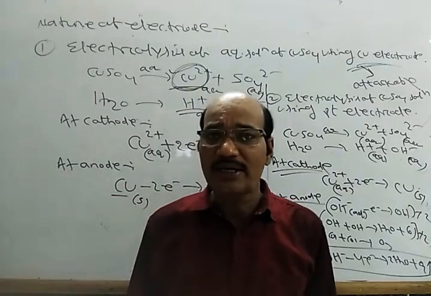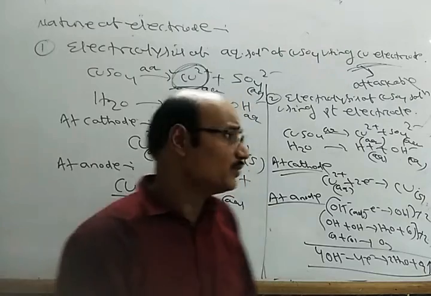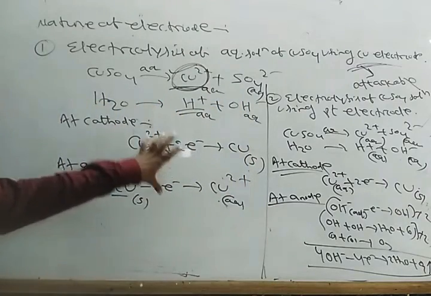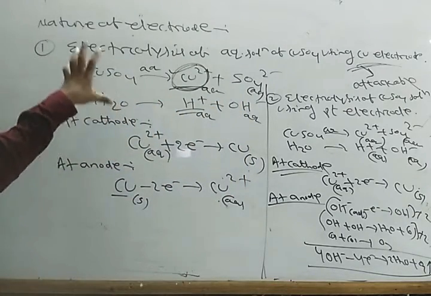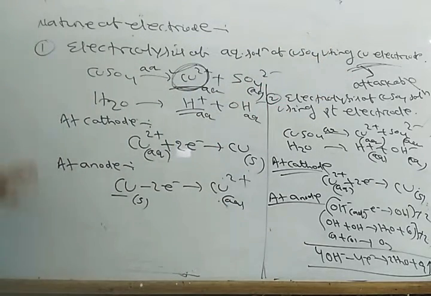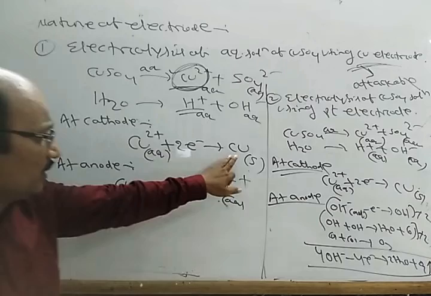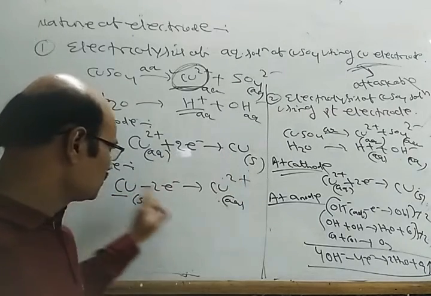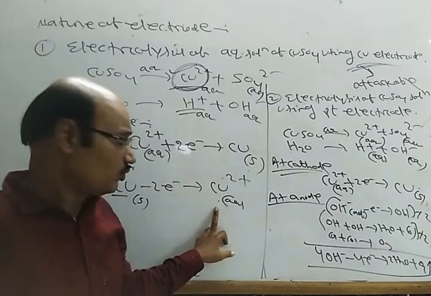So when we carry out the electrolysis of copper sulfate solution using a copper attackable electrode, we observe that at the cathode we get copper and at the anode Cu2+ ions are liberated.